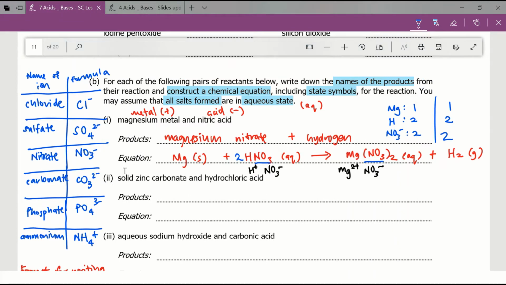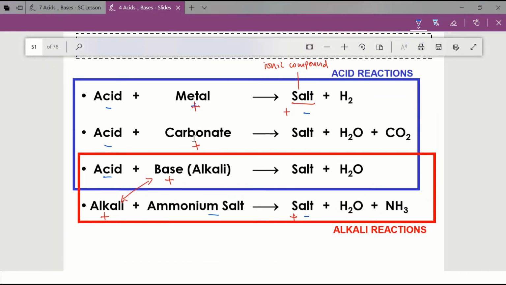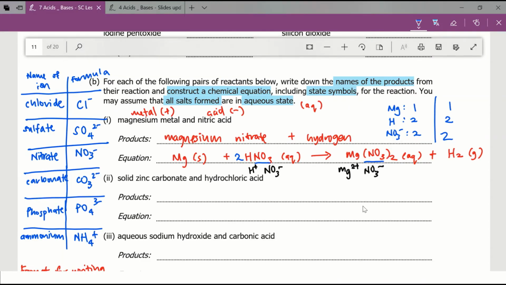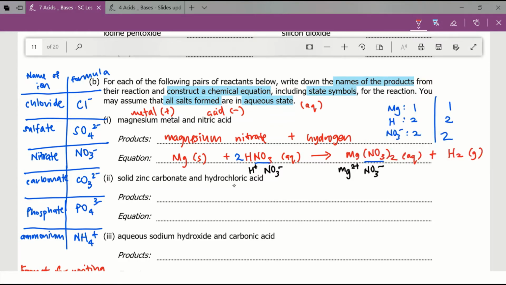For the next equation, it is zinc carbonate plus hydrochloric acid. If you look at the general reactions, this is an acid plus carbonate reaction, and you get salt, water, plus carbon dioxide. Okay, so let's figure out the products. This is hydrochloric acid, and hence the negative ion over here is chloride ion.